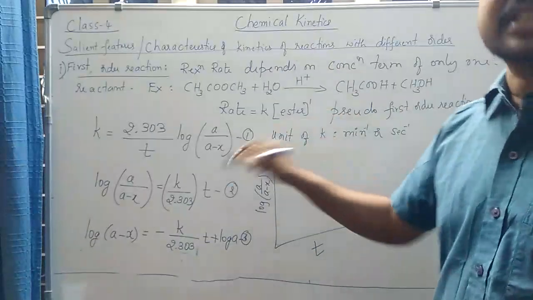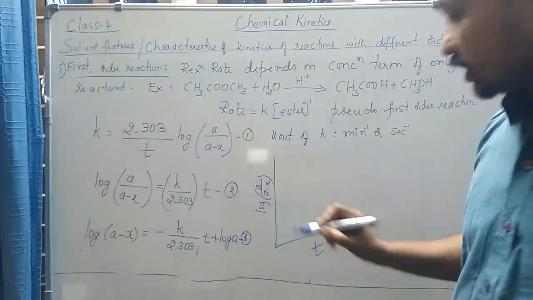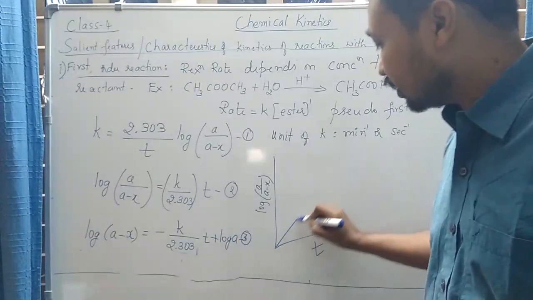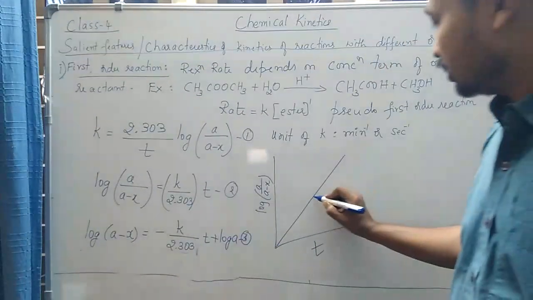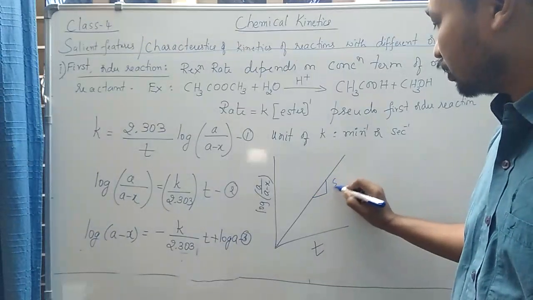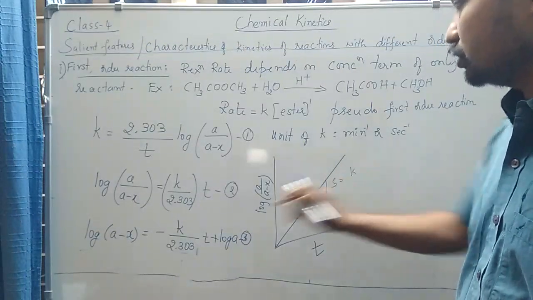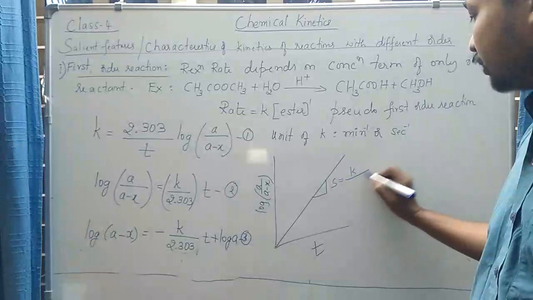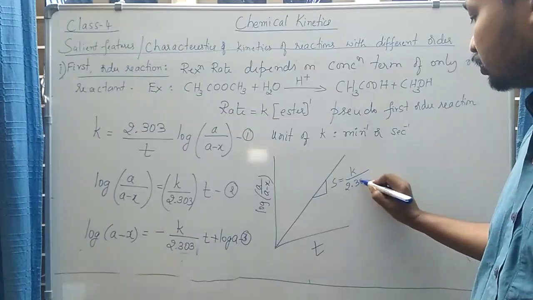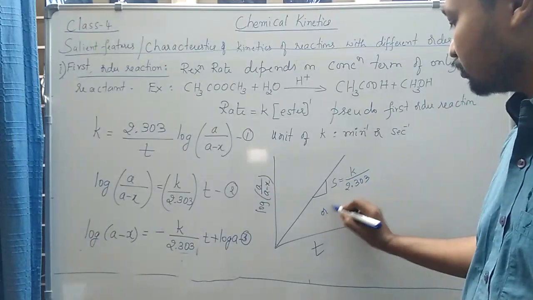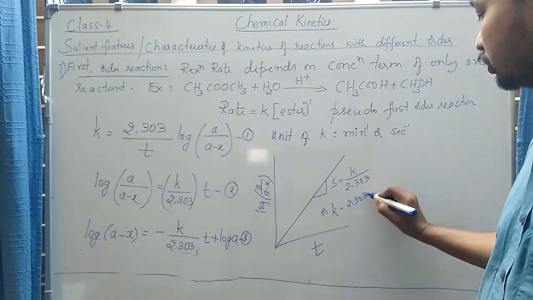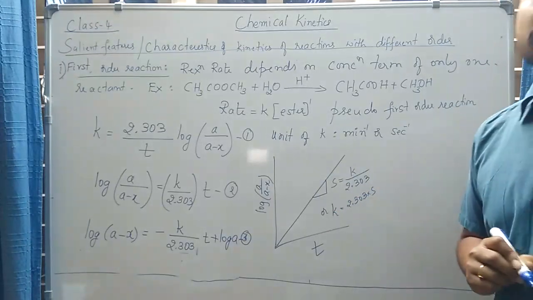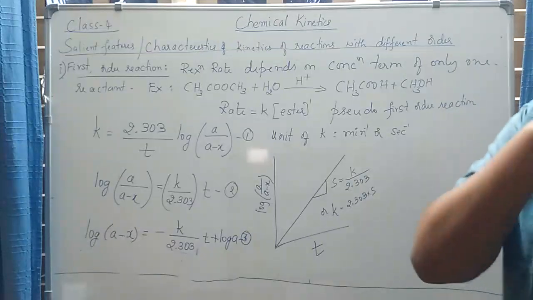If the reaction is a first order reaction, it should be a straight line passing through the origin, and the slope of this line is equal to k divided by 2.303, from which you can calculate k is equal to 2.303 into slope.